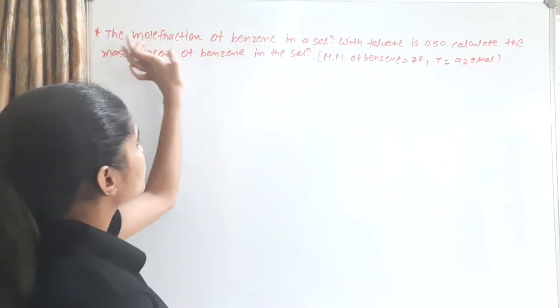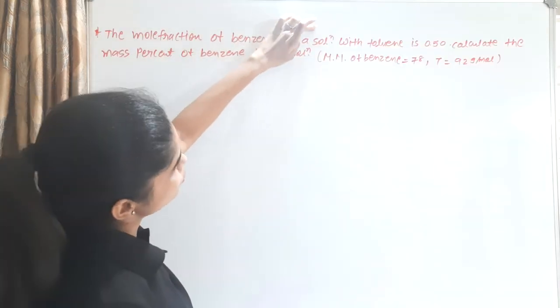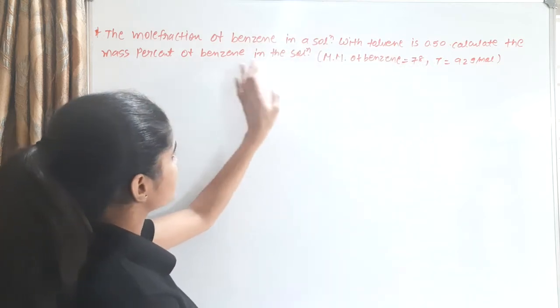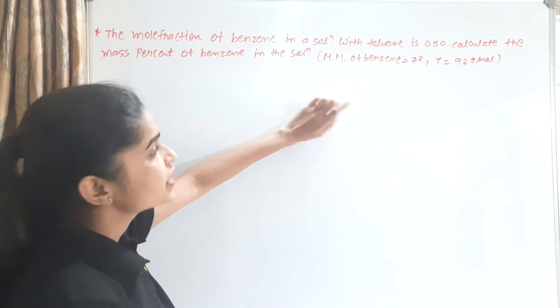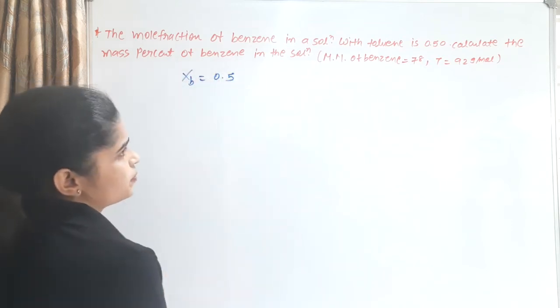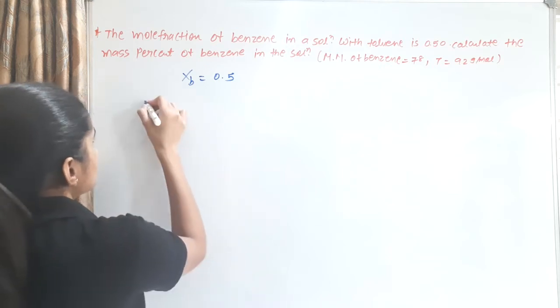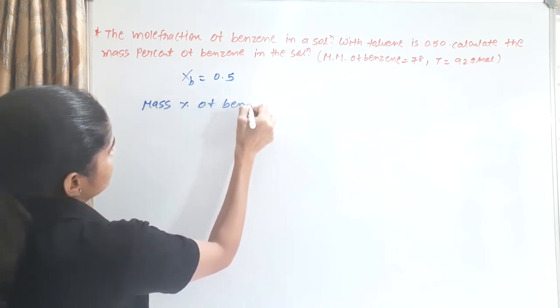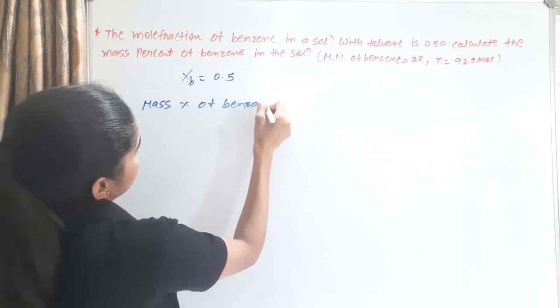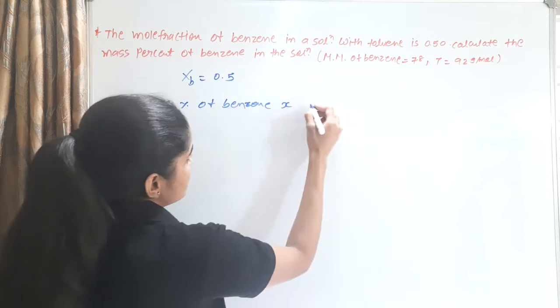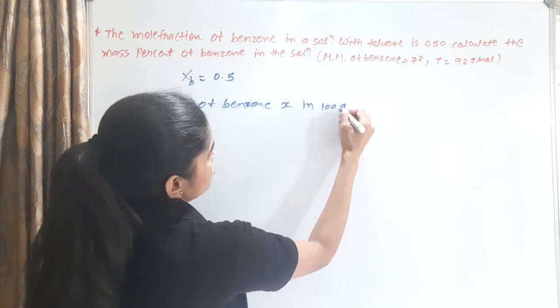Next is the mole fraction of benzene in solution with toluene is 0.5. Calculate the mass percentage of benzene in the solution. Given data is the mole fraction of benzene is equal to 0.5. We assume that the mass percentage of benzene is X. Mass percentage of benzene X in 100 gram of solution.